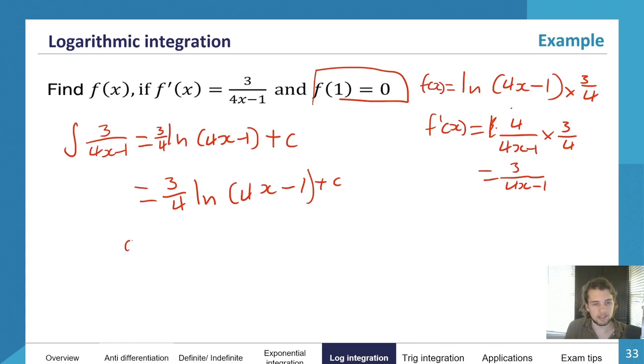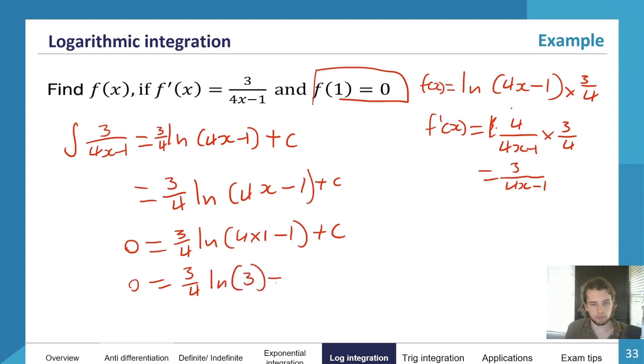So we can say 0 is equal to 3 over 4 ln(4 times 1 minus 1) plus c. Sorry about that, I was confused for a second. So now it's 0 equals 3 over 4 ln 3 plus c. So now c is equal to minus 3 over 4 ln 3.